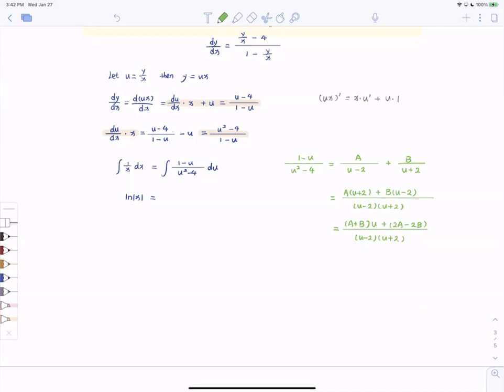Okay, so now you just need to solve this. Well, this is a plus b times u plus a constant, so a plus b will be negative 1, and 2a minus 2b equals 1. Okay, any question?